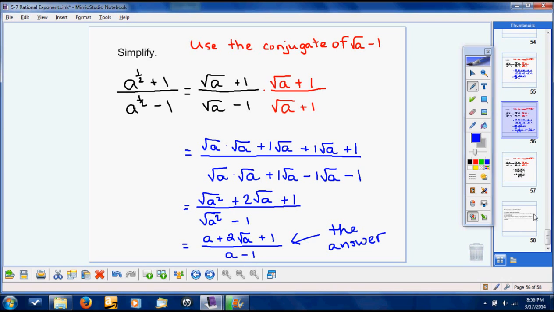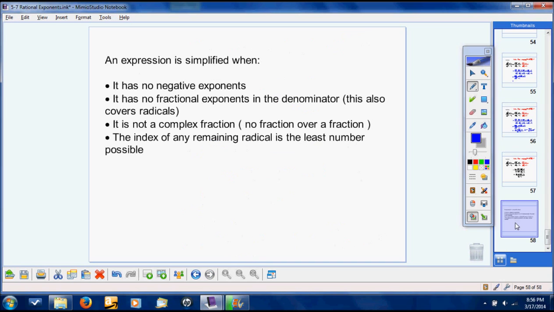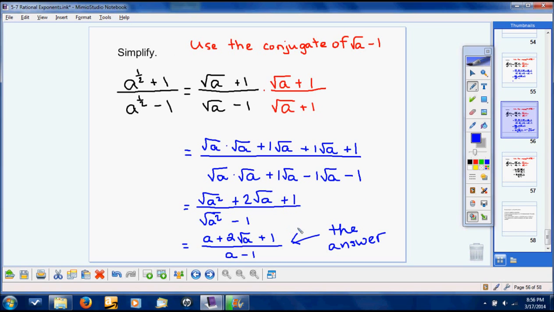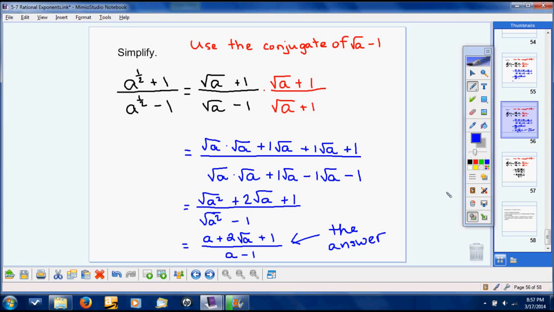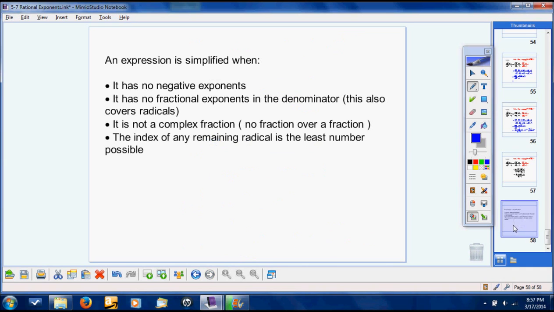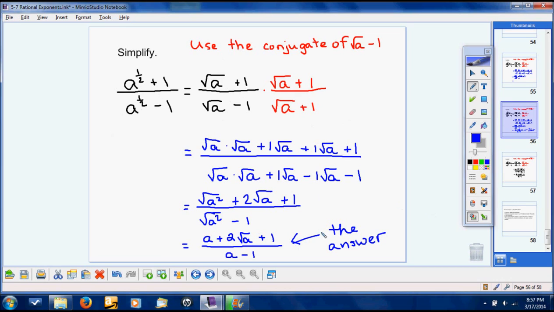Ooh, okay, lots of things on there. It doesn't look very simple, but does it pass the test? No negative exponents. Check. I don't see a negative exponent. No fractional exponents in the denominator. Check. No fractional exponents. Not a complex fraction. Now, it might look complex to you, but it's not what the definition of a complex fraction is.